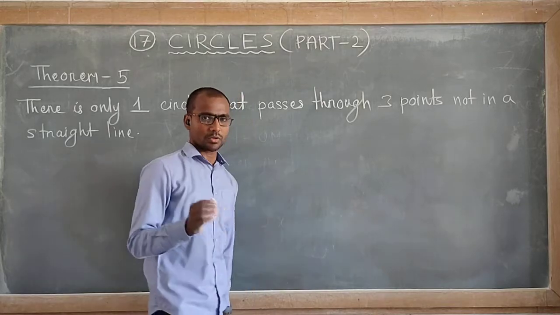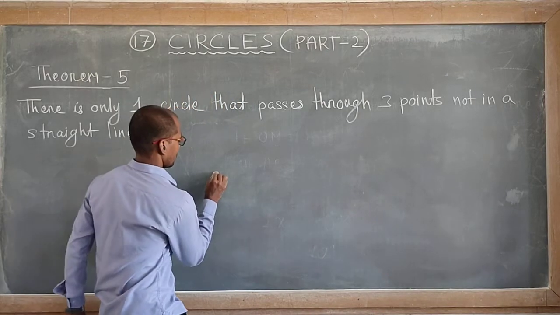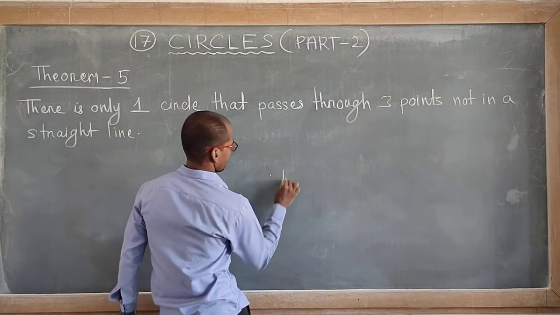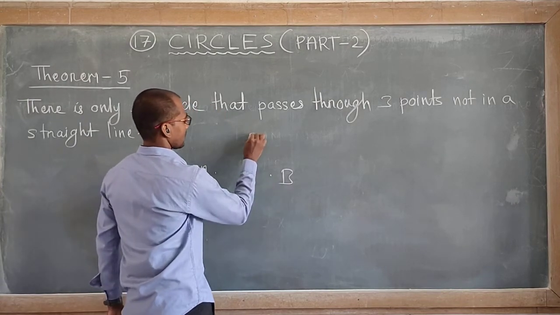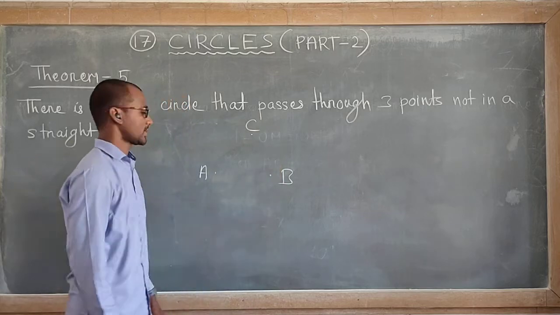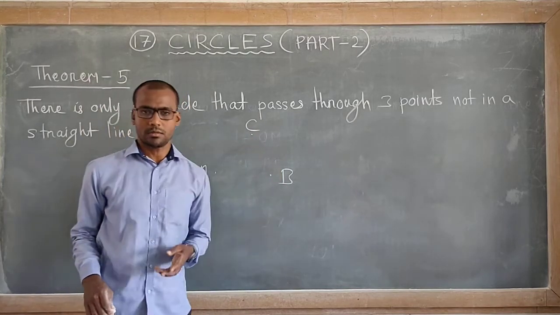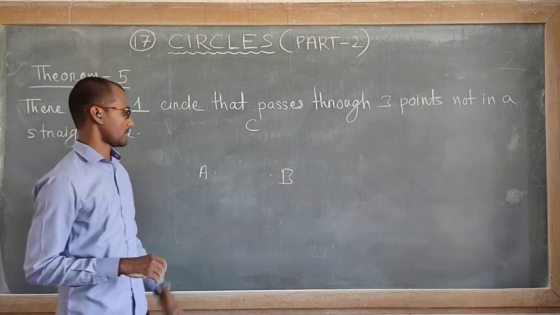So let us take 3 points not in a straight line. A, B and C. You can see these 3 points A, B, C do not lie in a straight line, means they are not collinear.